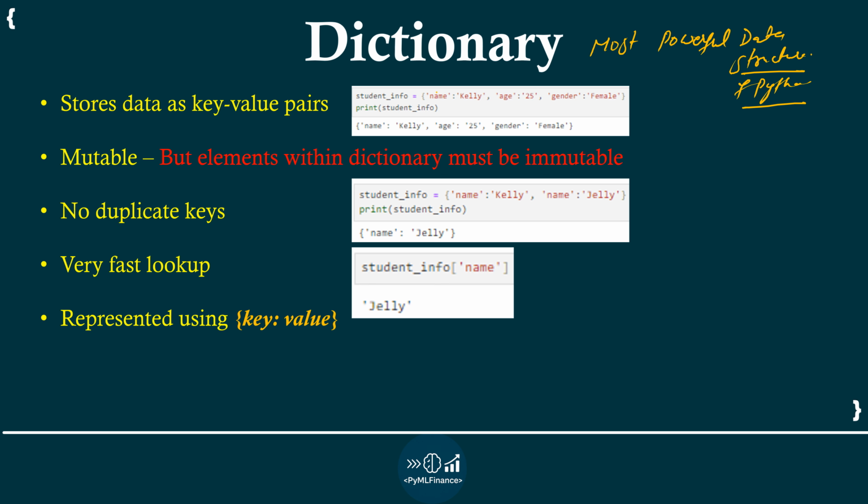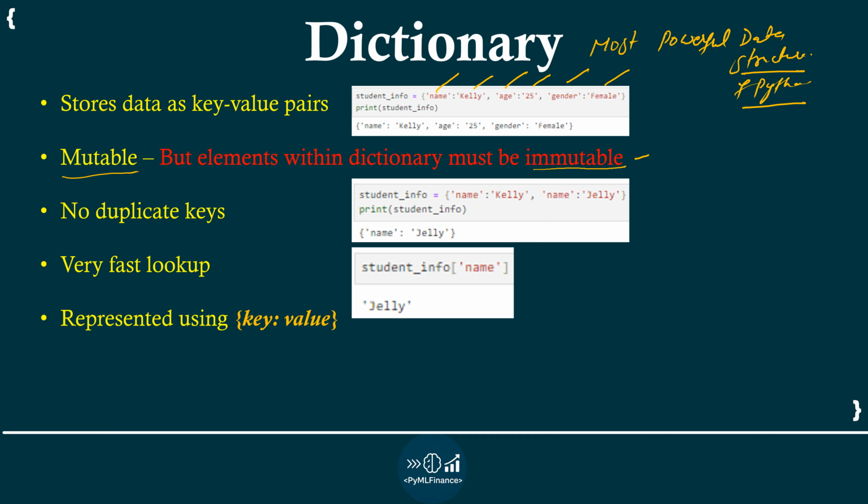So you have a key, you have a value, you have a key, you have a value. In terms of key value pairs, you can store data within a dictionary. They are mutable in nature, but the keys within a dictionary must always be immutable.